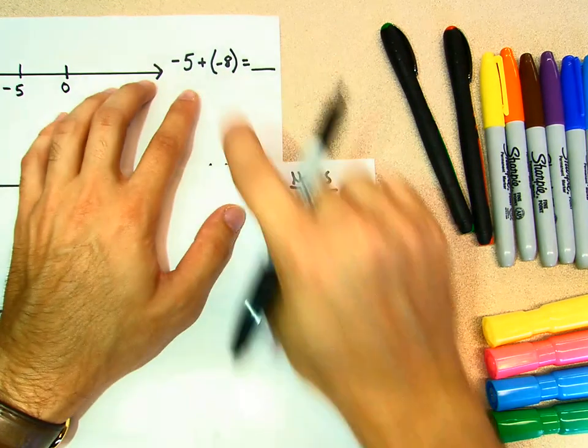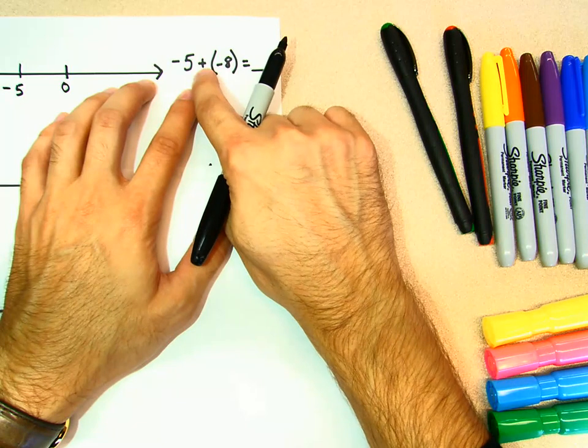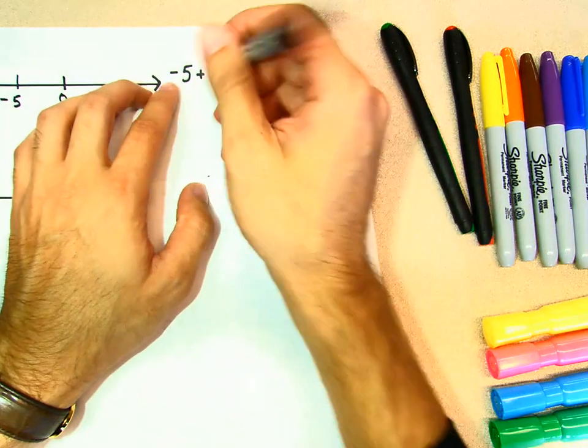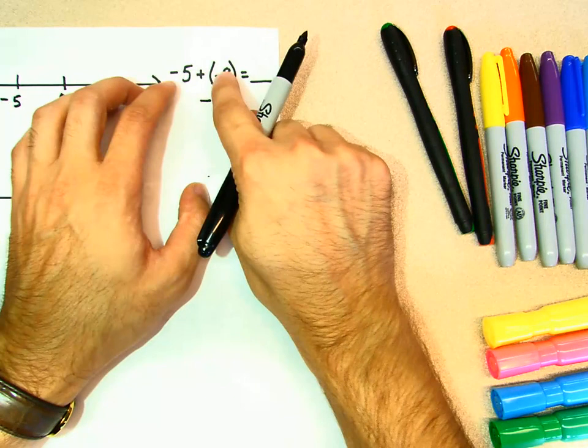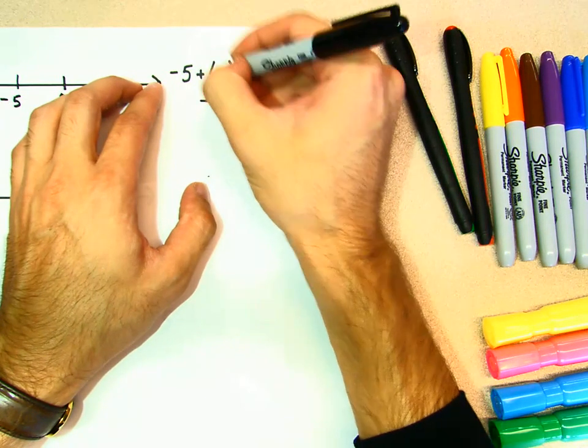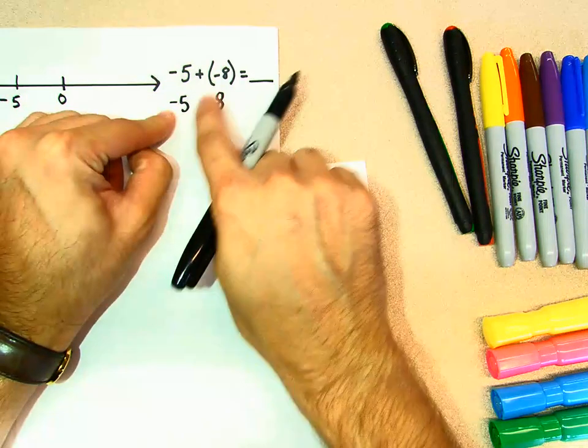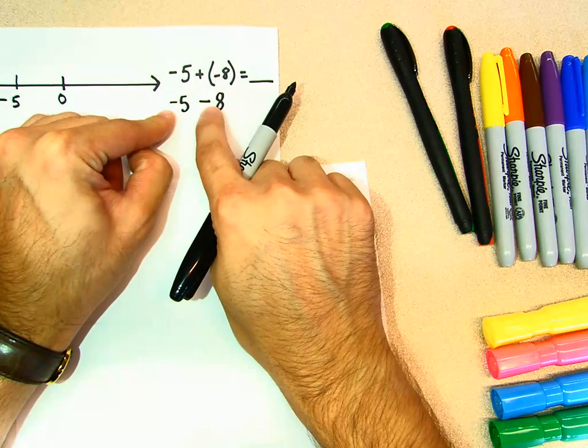Here, what is positive times negative? Positive times negative is negative. So this is minus 8. You see, this negative 5 stays the same.